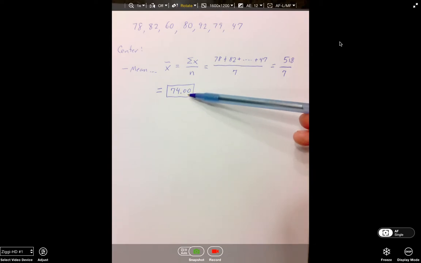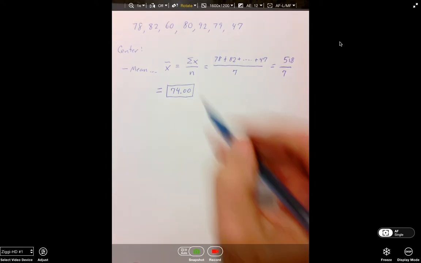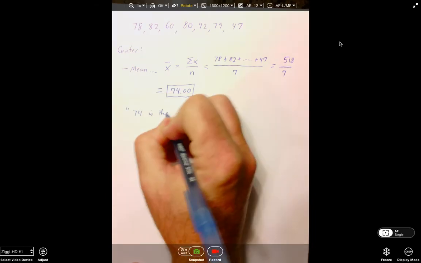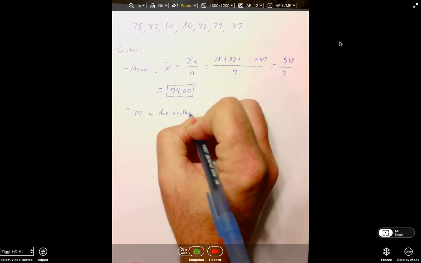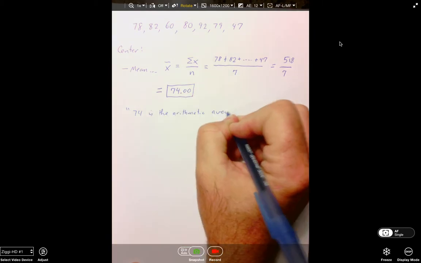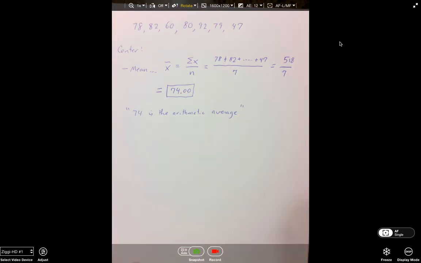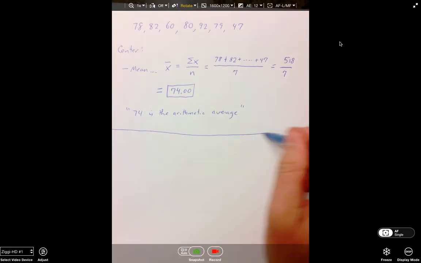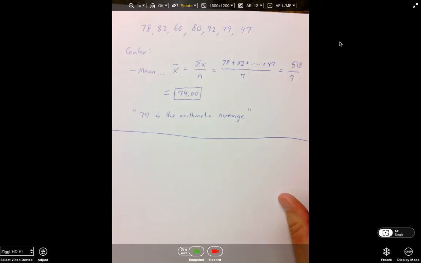So 74, obviously 0.00. I don't even know what I could say about that. So all we would say here is 74 is the arithmetic average. That's all we would say. See, gang, statistics doesn't have to be hard. It can be easy, but it will get kind of hard.